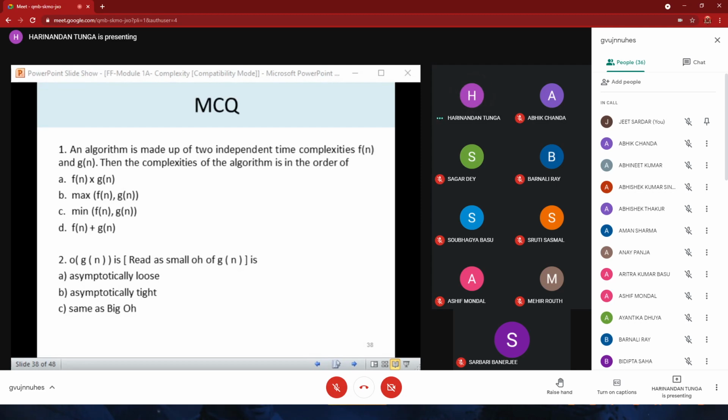Little o(g(n)) is small o, little o or small o. Say asymptotically loose. Asymptotically loose. Already I'm in the definition, আমি বলেছি যে little o is asymptotically loose.